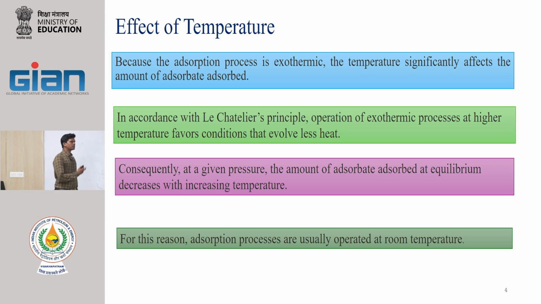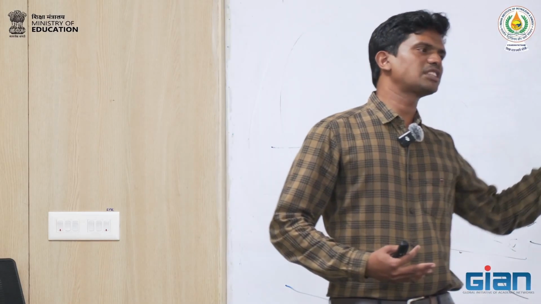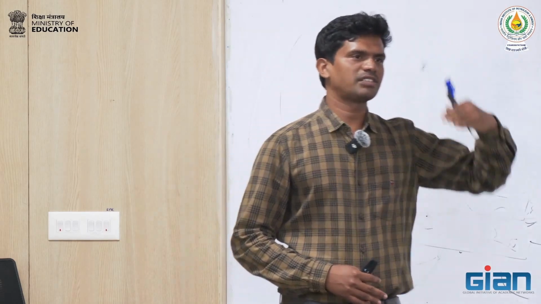So what does Le Chatelier's principle say? Whenever you deal with an exothermic process, a higher temperature favors a condition that evolves less heat. When adsorption happens, heat evolves. Le Chatelier's principle says for an exothermic process, high temperature favors the evolution of less heat.